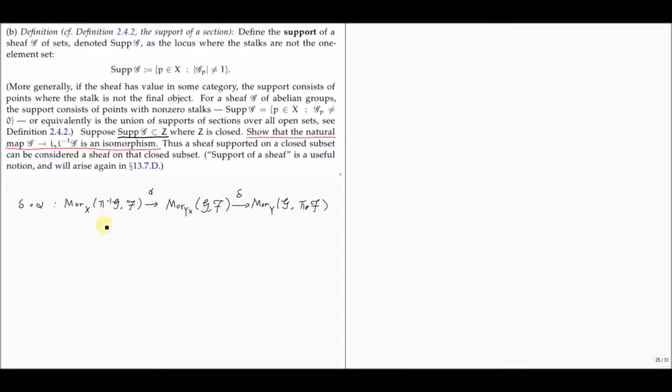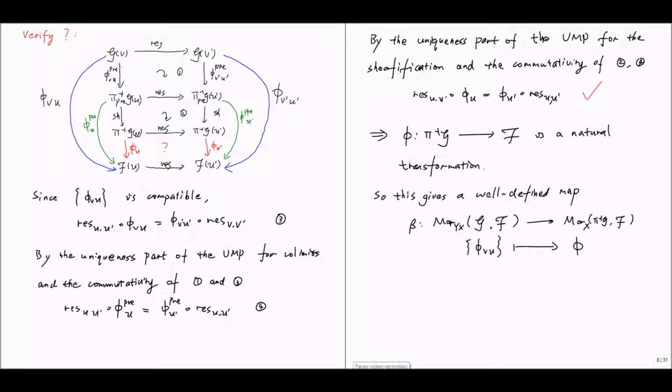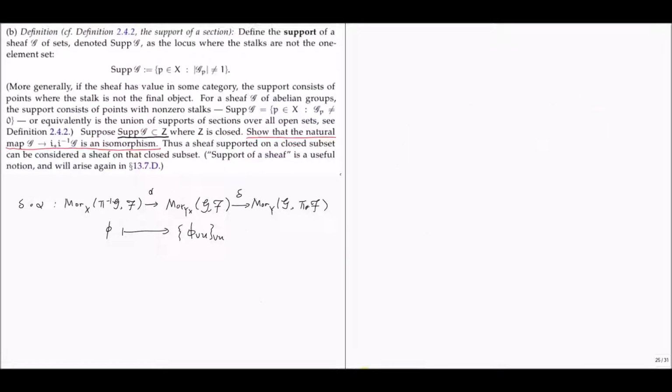By our definition, this alpha sends a sheaf map phi from pi inverse G to F to a collection of compatible maps phi sub VU, where each phi sub VU is defined by the composition of three maps.